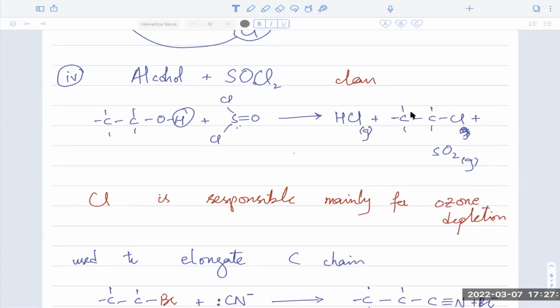SOCl2 is the cleanest method because it replaces OH with Cl, and one H reacts with another Cl, and the oxygen reacts with S and O in making SO2. This is clean because you're ending up with two gaseous compounds. One is HCl, one is SO2, which will obviously evaporate, leaving behind the halogen alkane that you wanted.